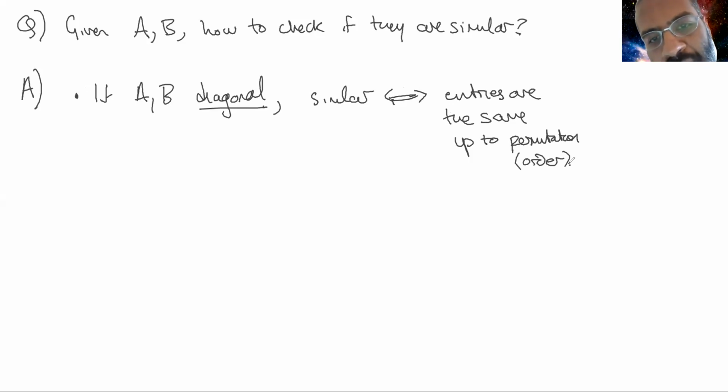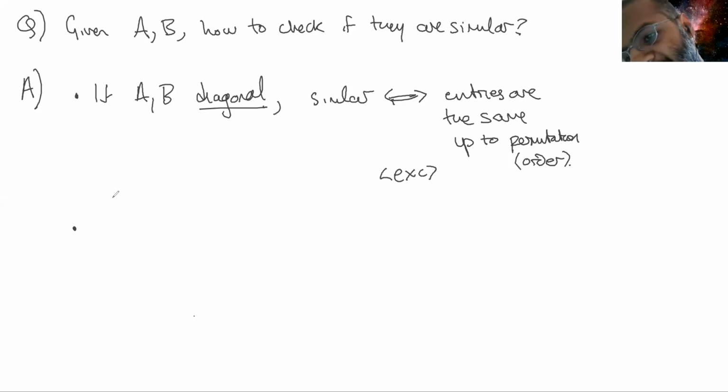This is an easy exercise which I'll leave for you. It's a good exercise, you should do it just to make sure you understand the definition of similarity. So if two diagonal matrices have the same entries, but maybe you switch the order, then they're similar, and that's the only case.